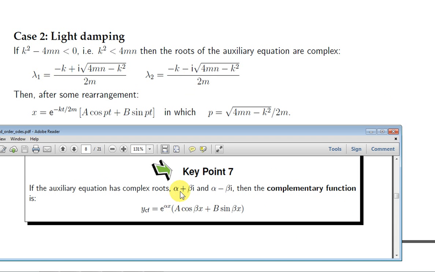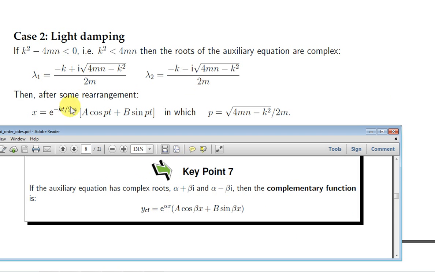Now, we saw from a previous video that if the auxiliary equation has complex roots, alpha plus beta i and alpha minus beta i, then the solution is given by this here. So we have e to the power of the real part of each complex solution. Well, the real part is minus k over 2m. And that's multiplied by the independent variable.